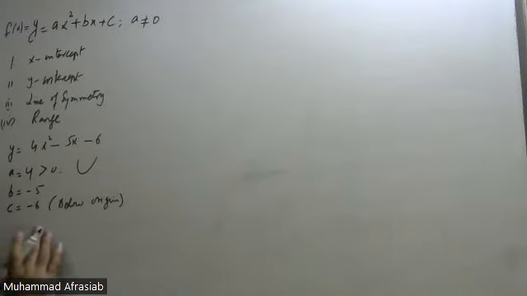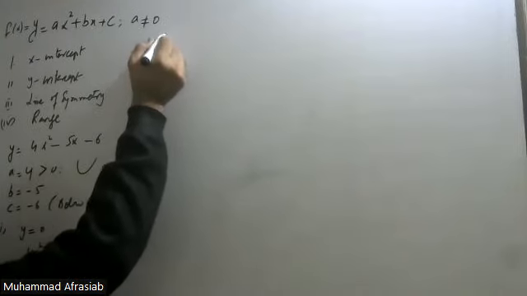Now, first of all, the x-intercept. For the x-intercept, you put y equal to 0. So you will write it as 4x squared minus 5x minus 6 is equal to 0.